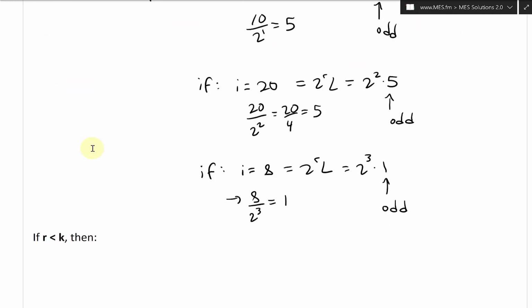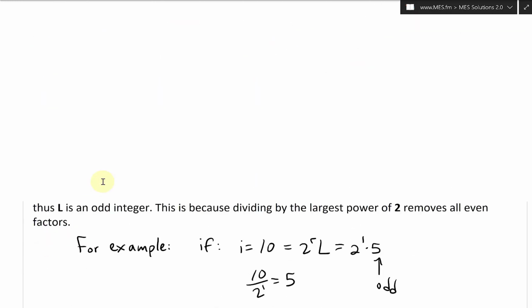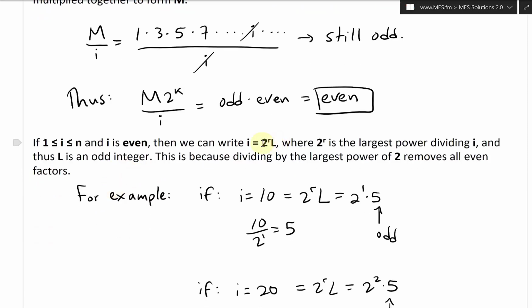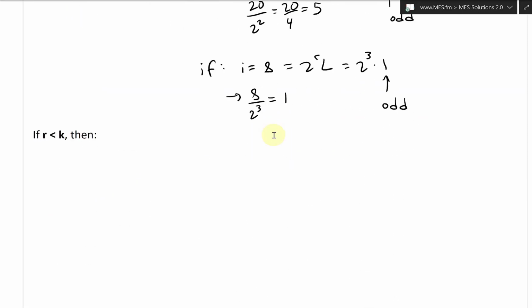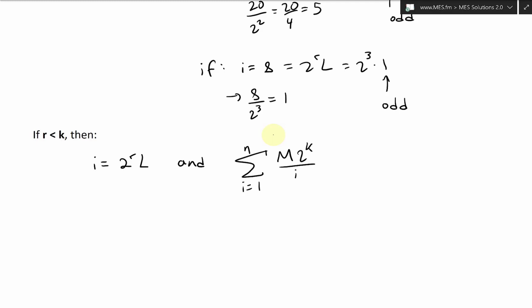Alright, so now let's look at the scenario where r is less than k. And again, i is even, and we're going to have, let's say, this r is less than k. So then i is equal to 2^r L, and put that inside our big equation on the left side, the summation up to n, i equals 1 of m 2^k over i, like this.